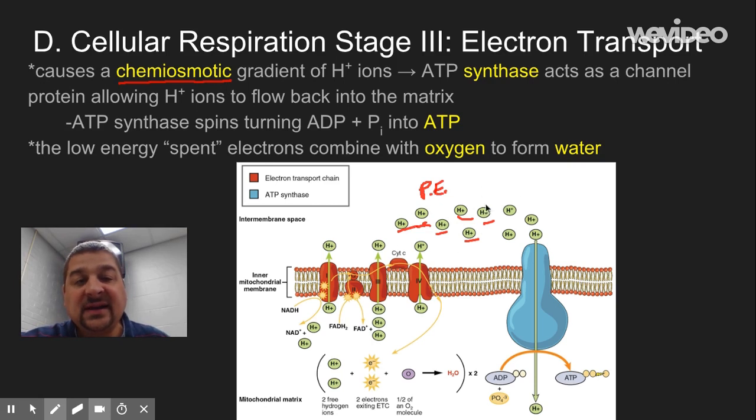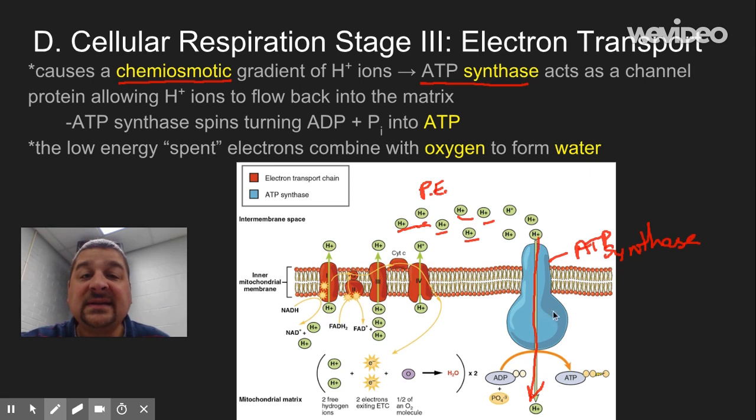So these hydrogen ions have an escape route. Their escape route is through the enzyme ATP synthase. Remember, it's a protein channel that acts like an enzyme. Right here is ATP synthase. The hydrogen ions can escape through the ATP synthase. As they do, it causes a rotation.